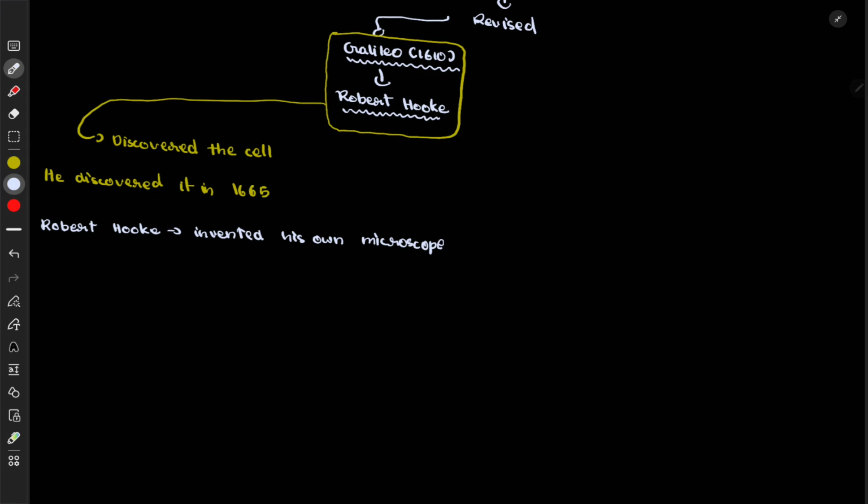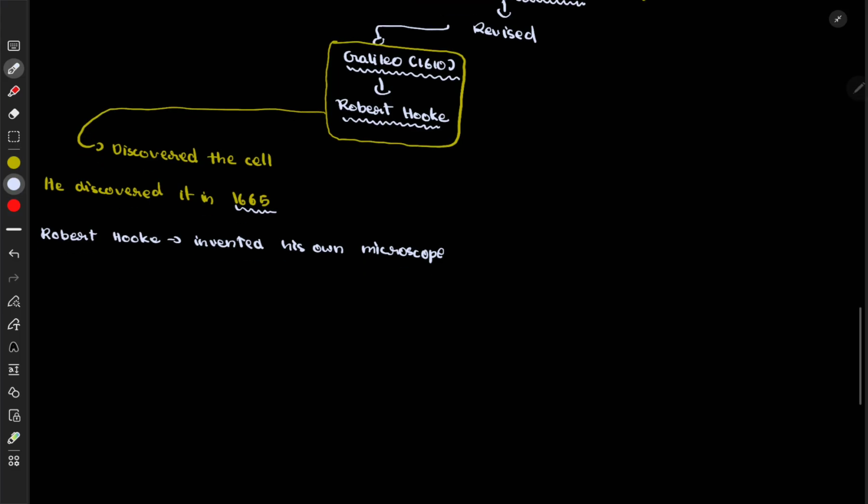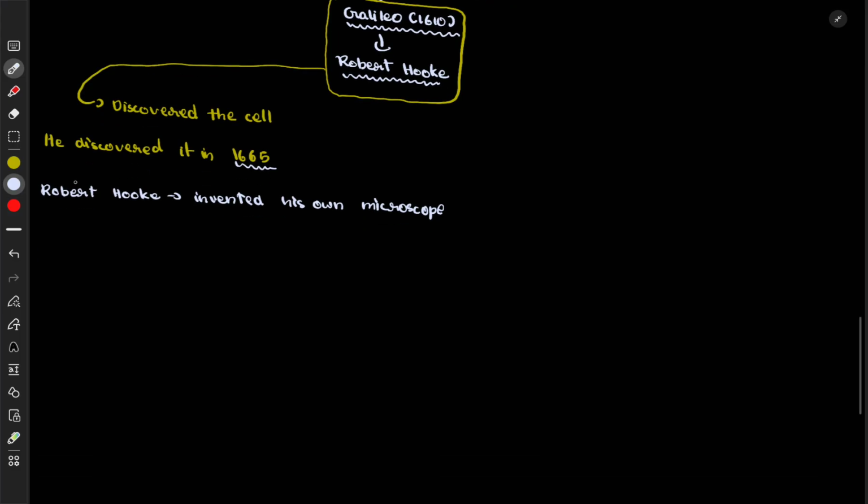Remember the years, these are very important. Now, using this microscope, he discovered the cell. How?